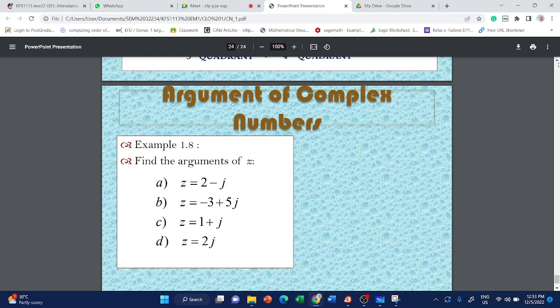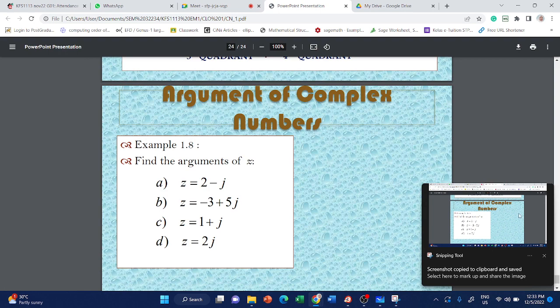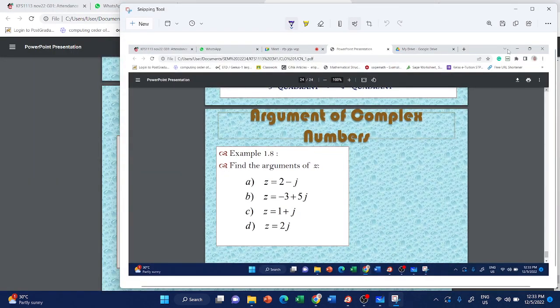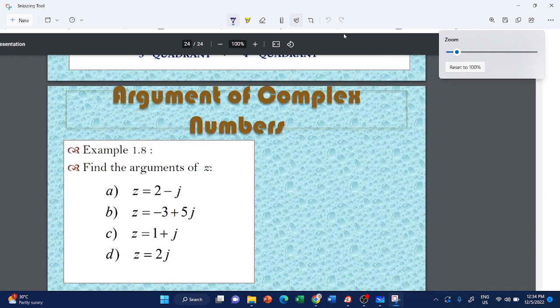B or C? Which one do you want? B. Okay, because it looks a bit bigger.